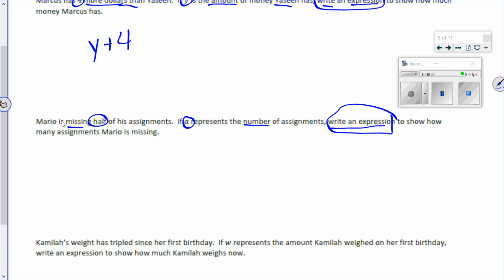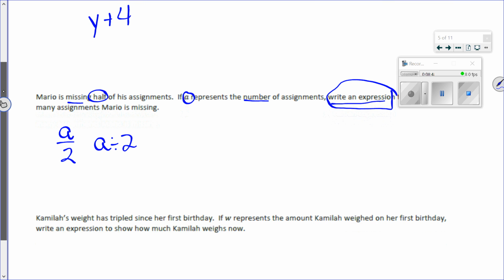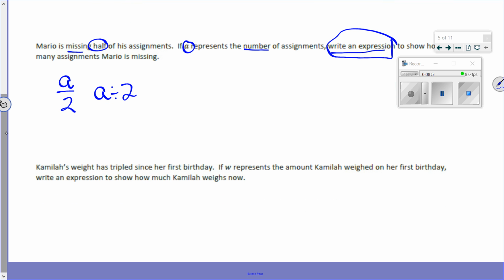So then you have to think, how did I get from 10 to 5? Divided by 2. So when I do half, what I'm saying is divided by 2. It doesn't matter which way you write it. Again, when I'm doing division, I prefer fraction formation because it makes more sense to me.